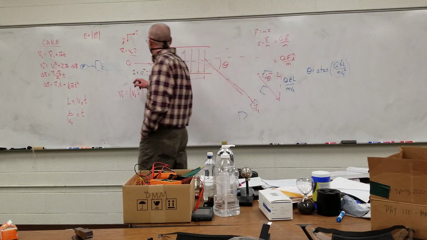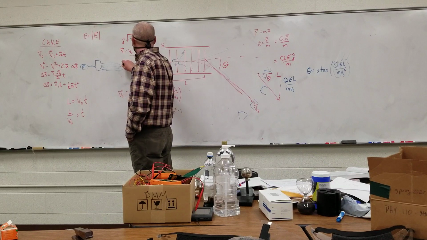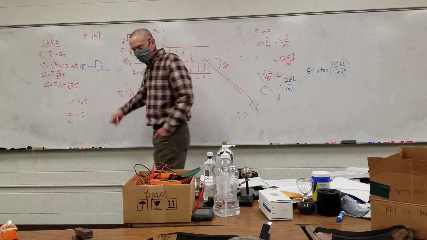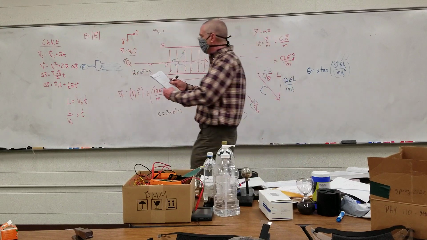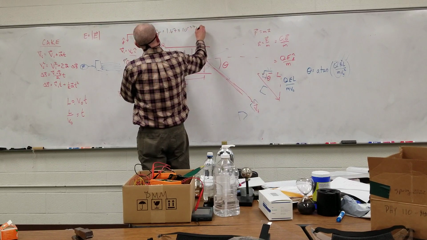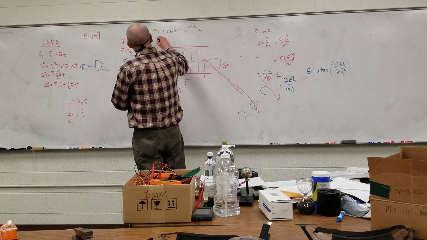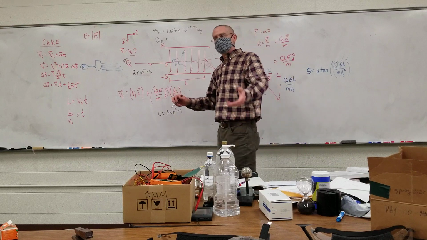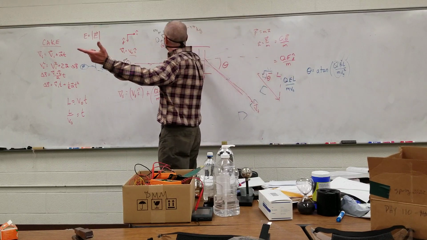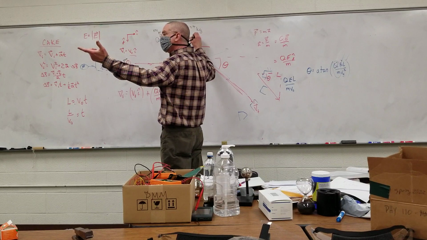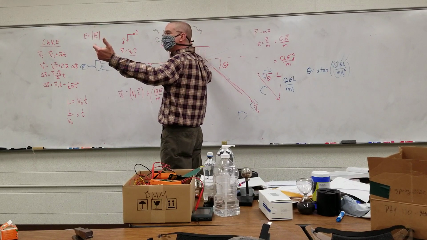Let's make it a proton. The mass of a proton, I could actually just look it up, is 1.67 times 10 to the negative 27th kilograms. The charge of a proton is 1.6 times 10 to the negative 19th coulombs.